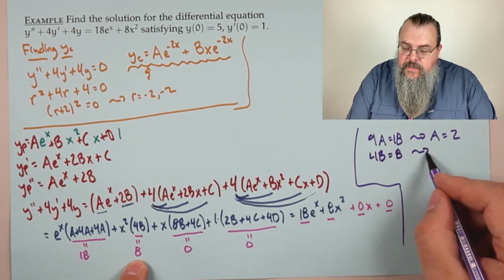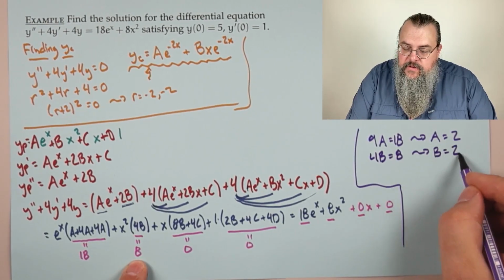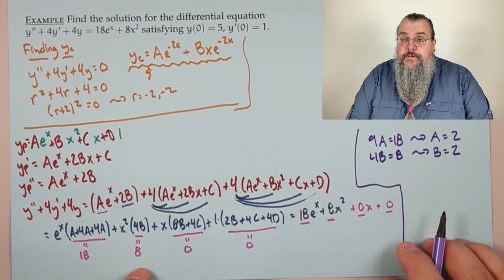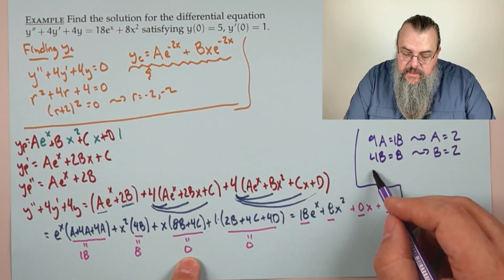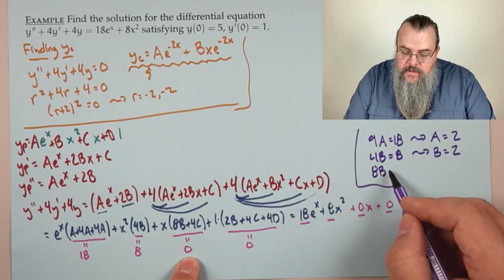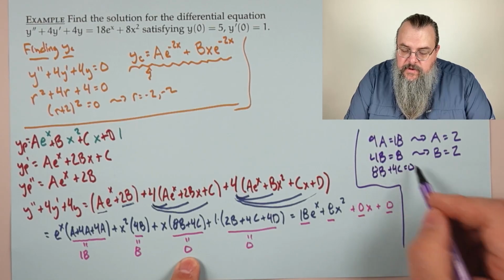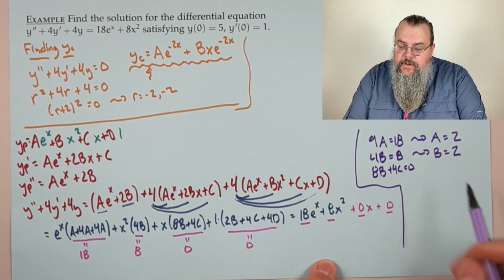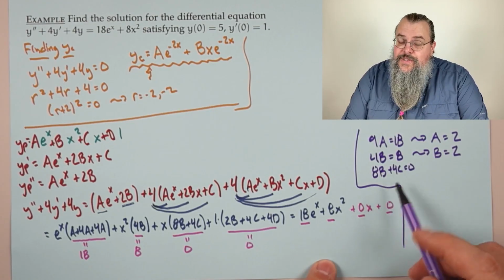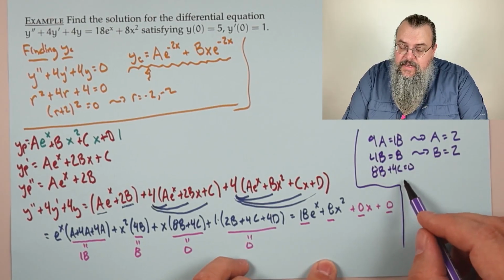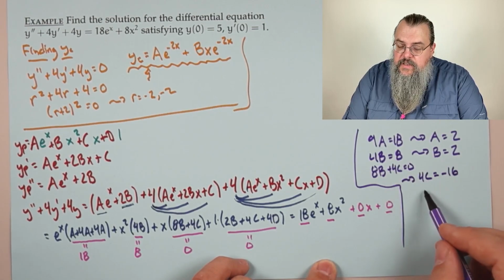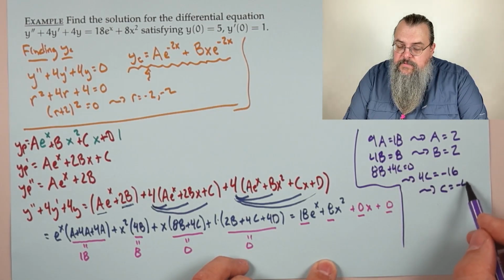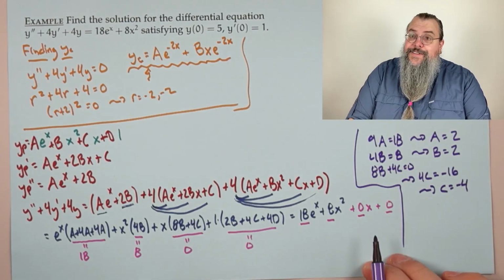Divide by 4. B is also 2. All right. Great. 8 times b plus 4 times c equals 0. But wait a second. We know that b is 2. So this is the same as saying that 4c has to be negative 16, which says c has to be negative 4. Oh, well, that's not bad.